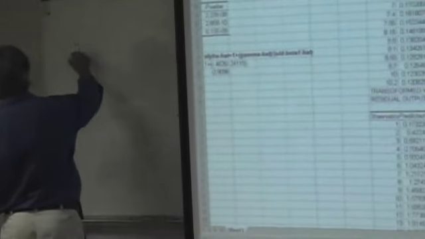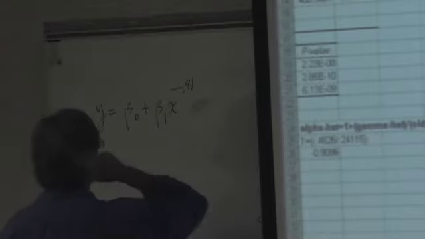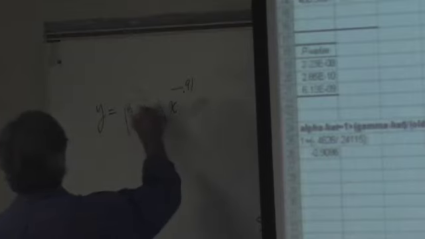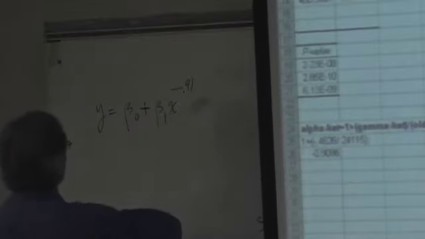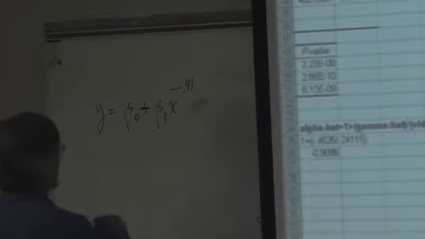So now I go back and I'm going to have y equals beta 0 plus beta 1 x to the negative 0.91, in my worksheet it would be, plus, okay, let's see, is this right? That would give me the baseline again now.